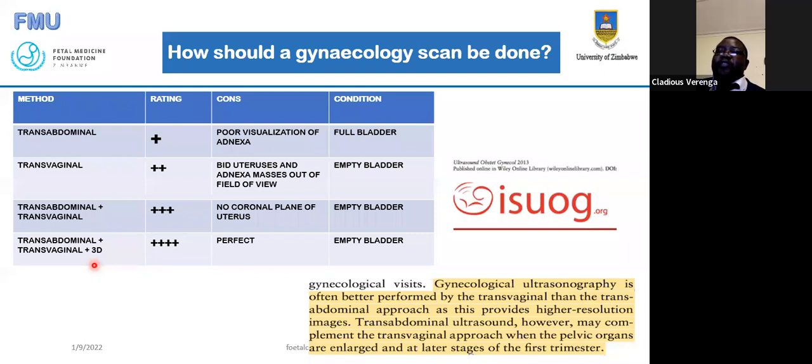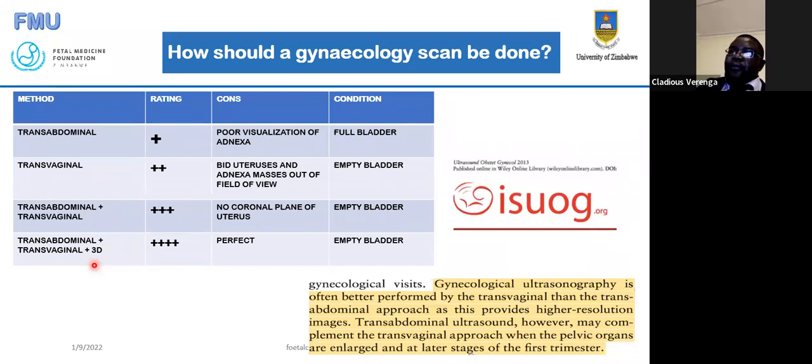It is something that we should move towards. We have done it on few cases in our unit for women, where we have been requested to evaluate and see if the woman has got a polyp, whether it's got a fibroid. So we have done it in very few cases, but it's not something which is very complicated. It's not something that is beyond us here in Africa.